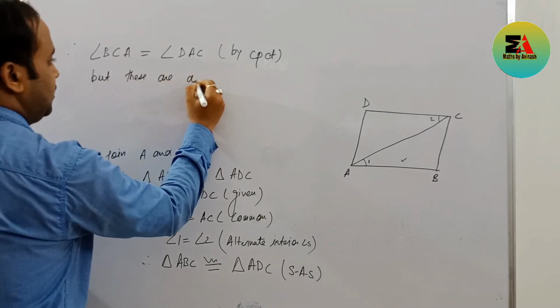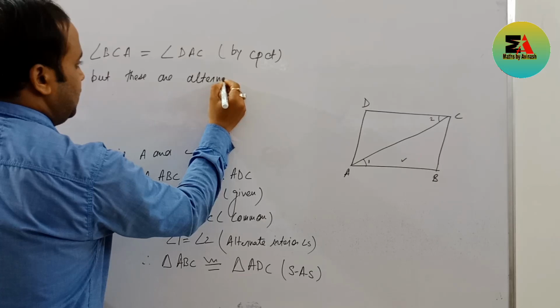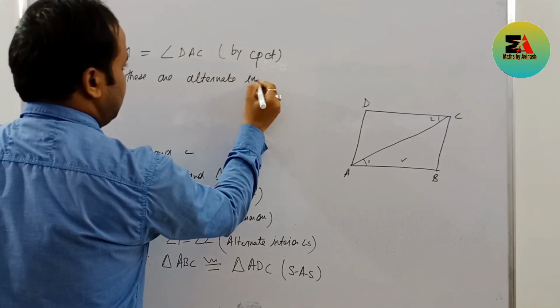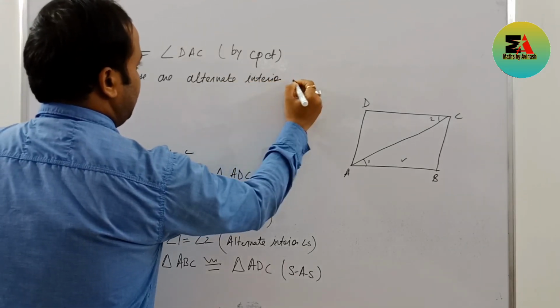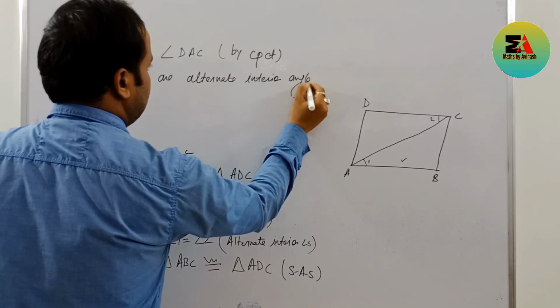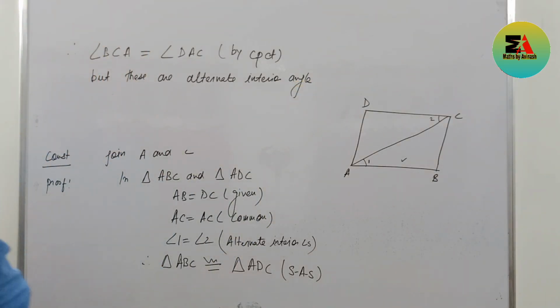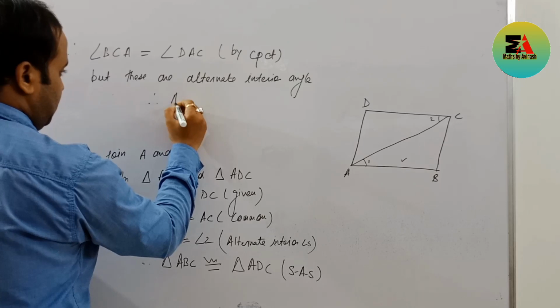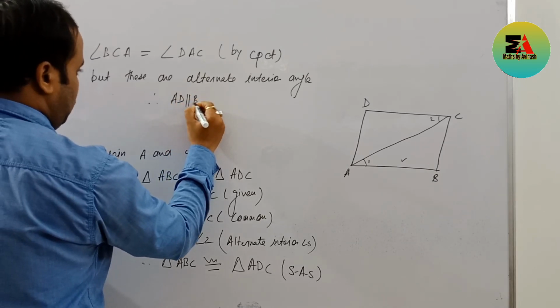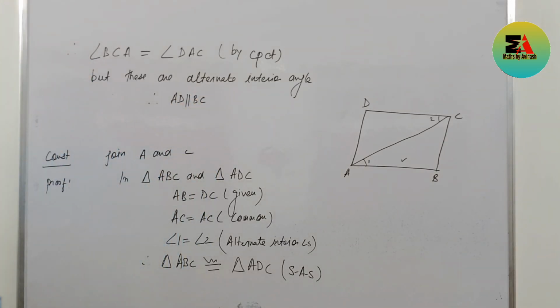But we know that these are alternate interior angles. Therefore, AD is parallel to BC.